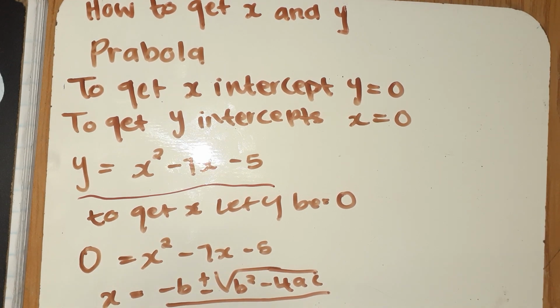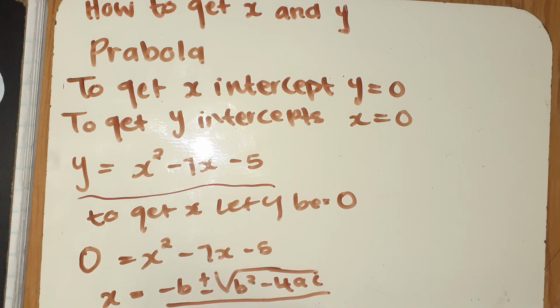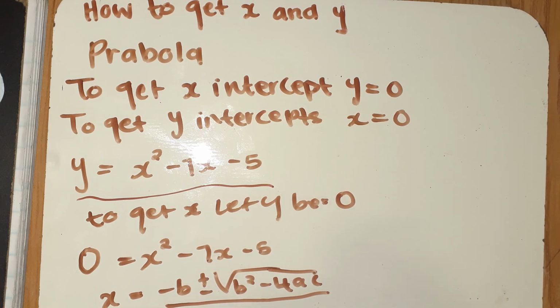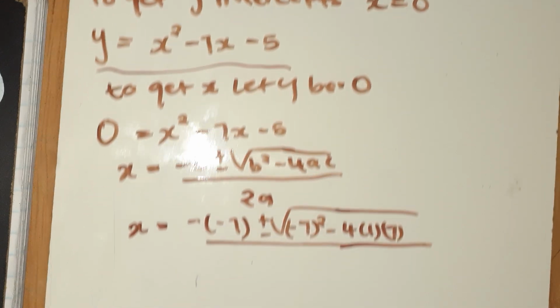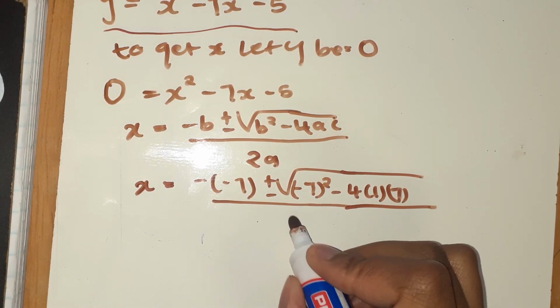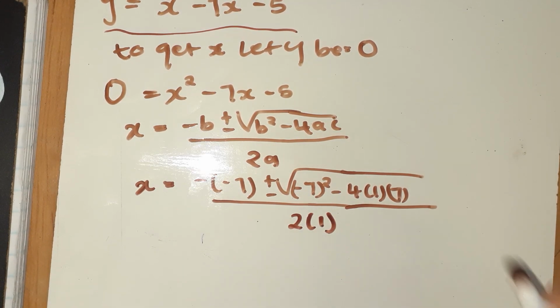So x equals, this is a, this is b, this is c. So this is negative into negative 7 plus or minus the square root of negative 7 squared minus 4 into 1, a is 1, and into c as well. And all of that will be over 2 into 1.